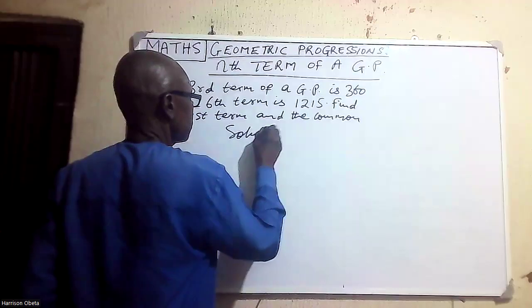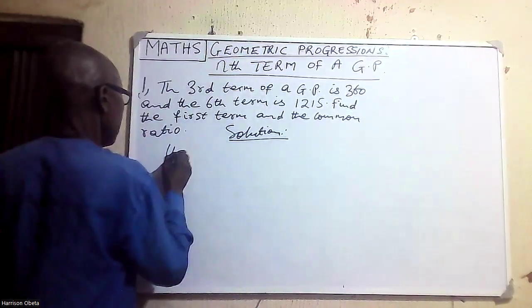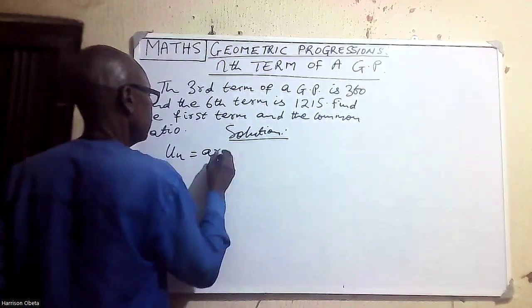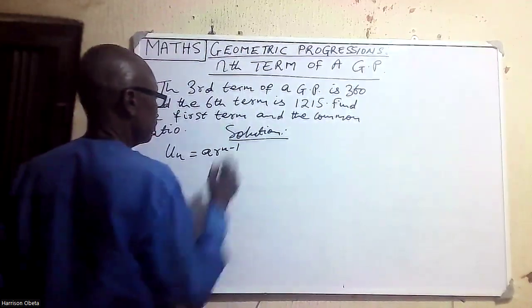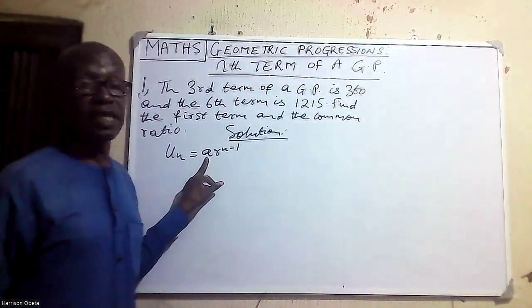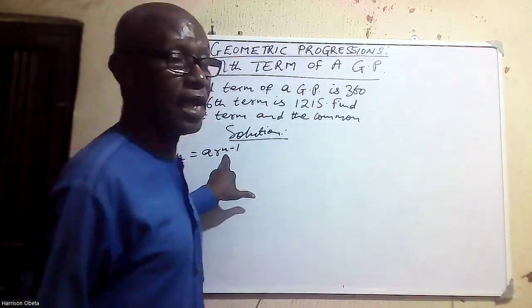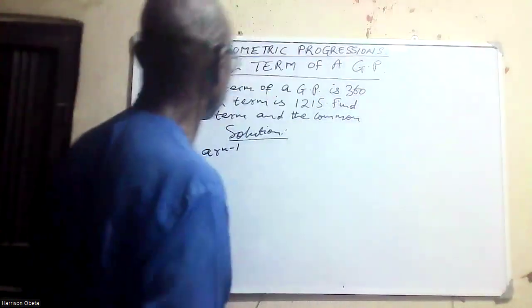Solution. Un equals ar raised to n minus 1. Already we know that a is always the first term, r stands for common ratio, and n stands for the number of terms.